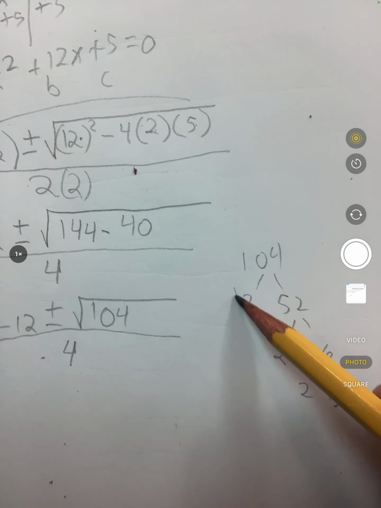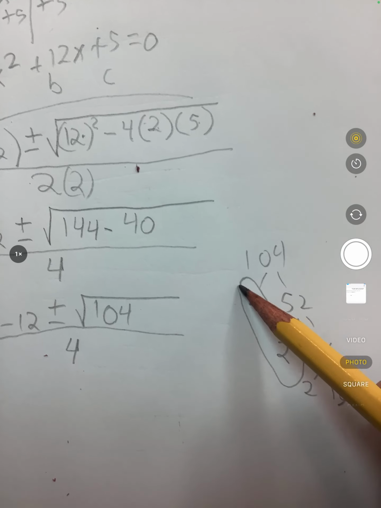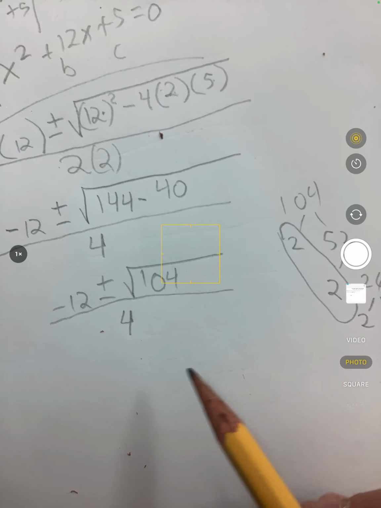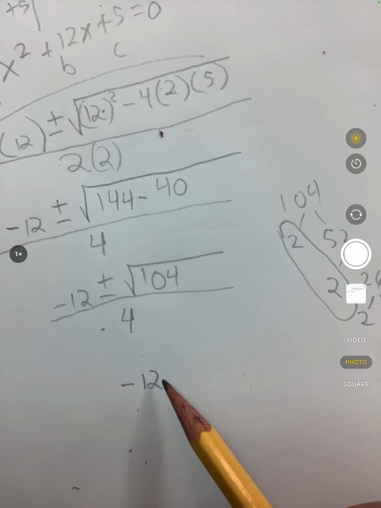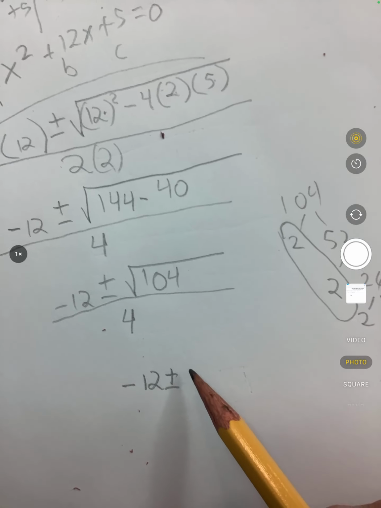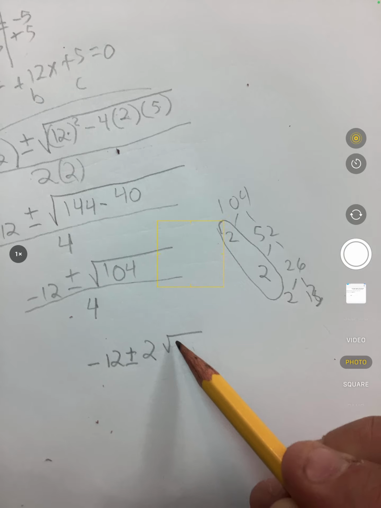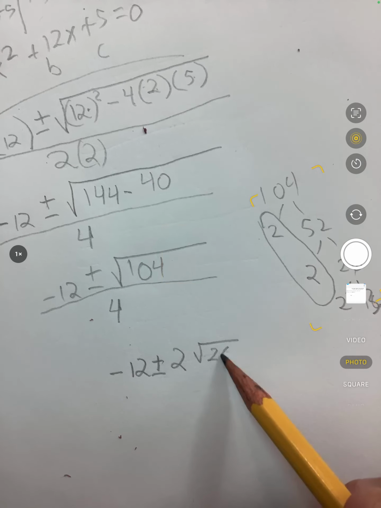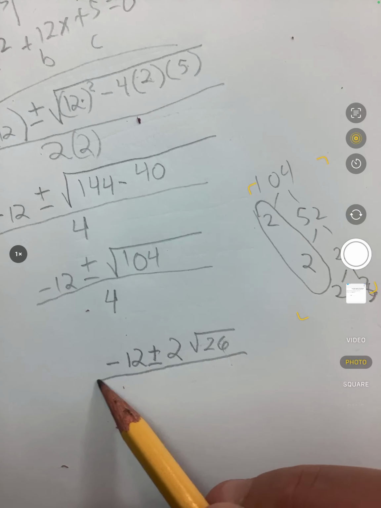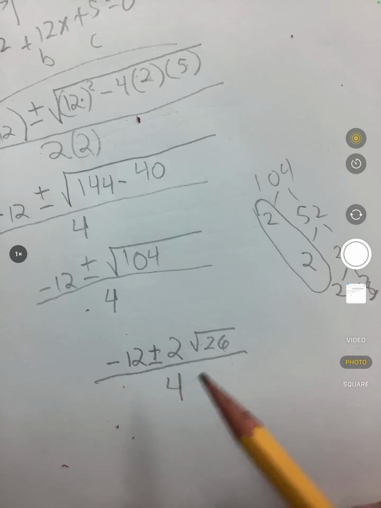Okay, a pair of 2's here can come out: negative 12 plus or minus 2 times the square root of 2 times 13, 26, all divided by 4.